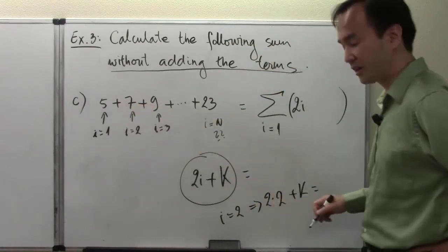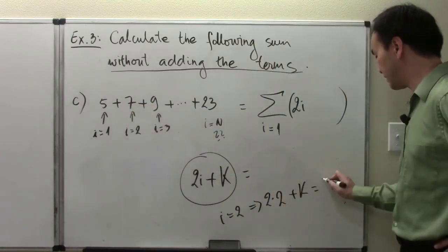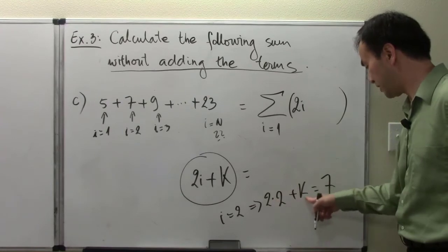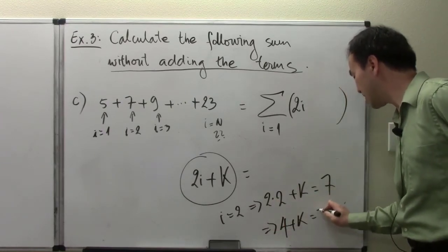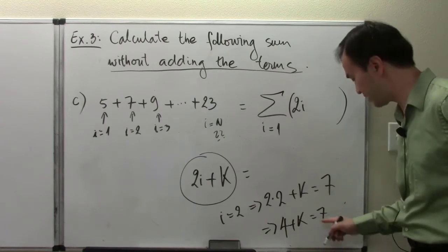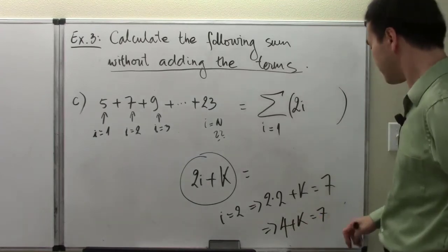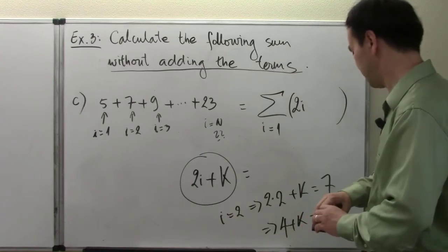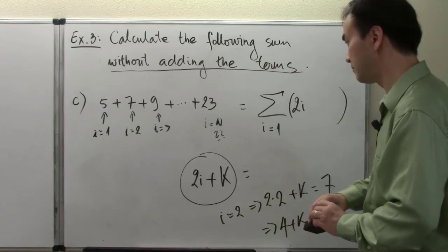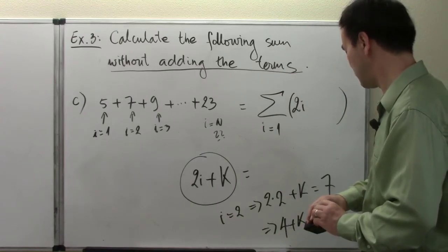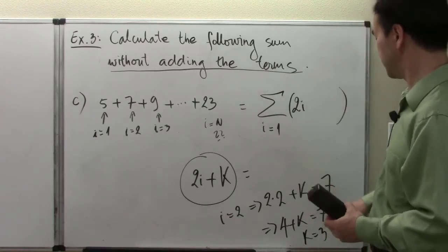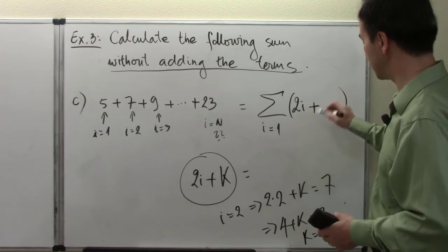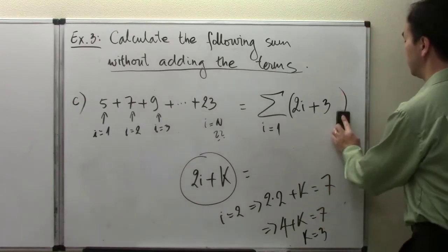So we can quickly find out that 4 plus k equals 7. So k is 3. All right, so now our formula is 2i plus 3.